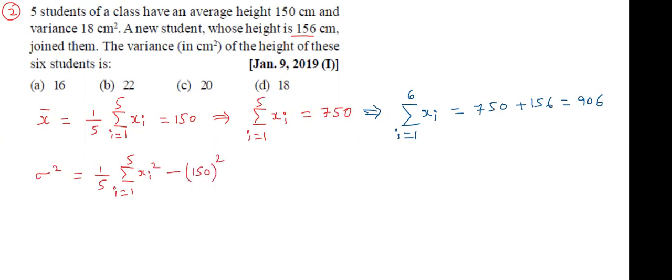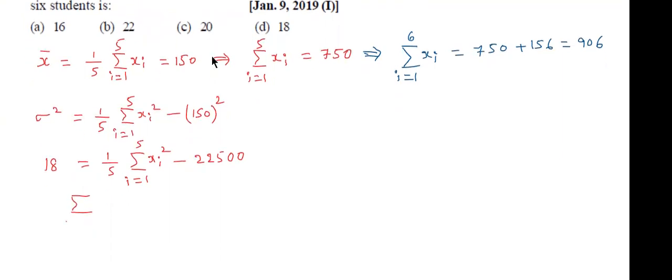Mean is 150. But variance is already given as 18. So 18 is equal to 1 by 5 sigma xi square minus 150 whole square. 15 square means 225, so 0 is there now, we get double 0. Send to the left hand side.